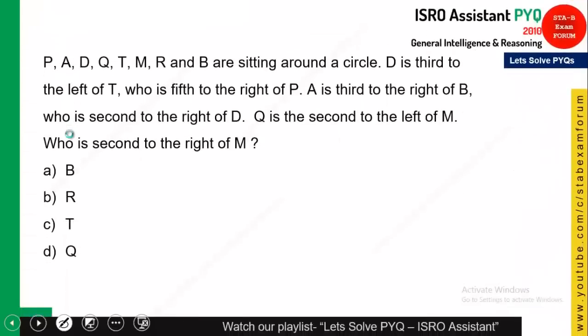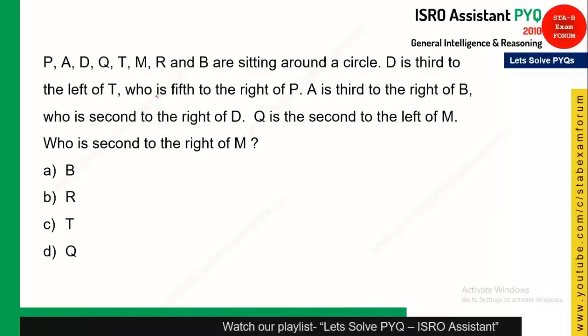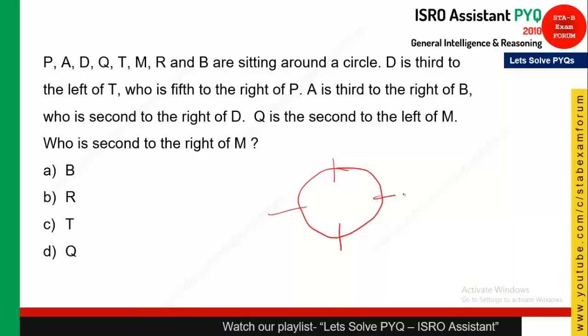It is from the sitting arrangement. There are three questions from sitting arrangement. So let's draw this particular tree. There are 8 persons, so this is a round circle with 8 persons. Let me draw the points 4, 5, 6, 7, 8.